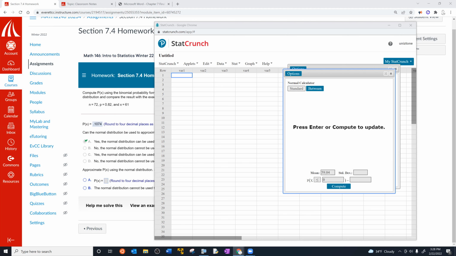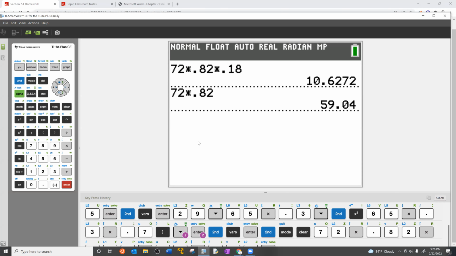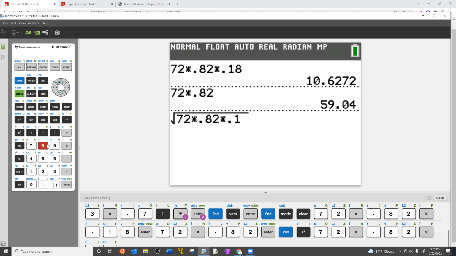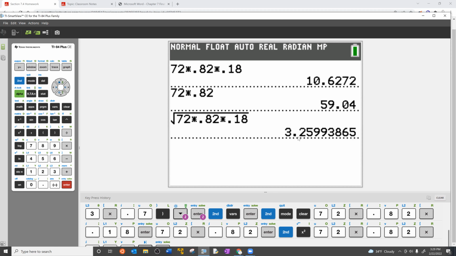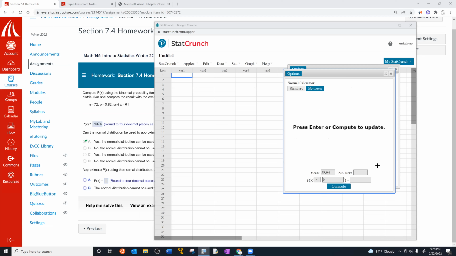Now the standard deviation that should be used is going to be the square root of 72 times 0.82 times 0.18. .26 should be used. And our x value will be the exact amount. Our x value is going to be 61, but we have to set it to equal.